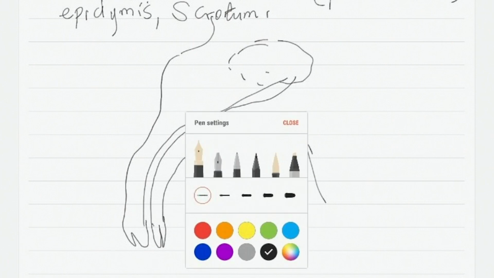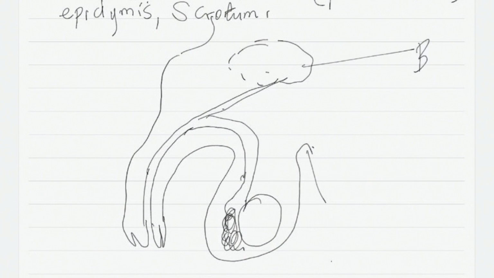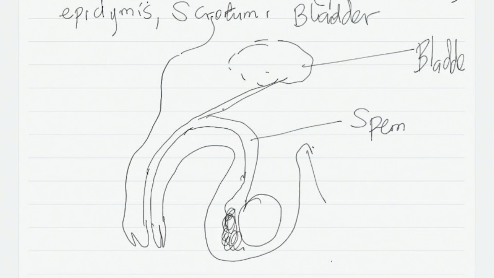We also left out one part, which is the bladder. The bladder is also part of the male reproductive organ. So this is the bladder. We have the sperm duct. We have the testicle.